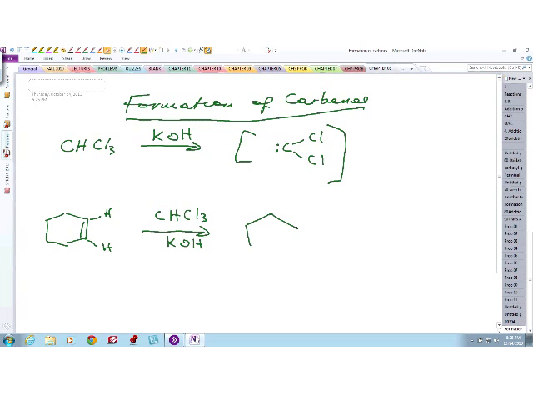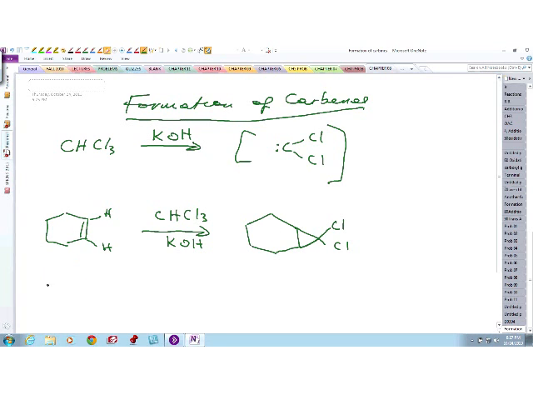What do you get? You get your cyclopropane, this time with 2 chlorine atoms attached to this.